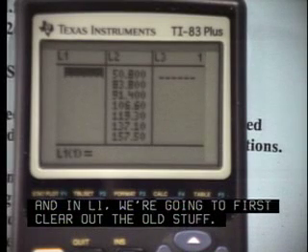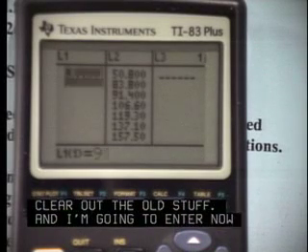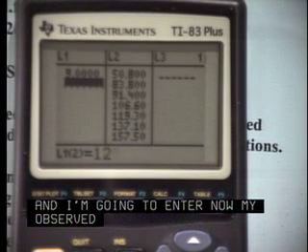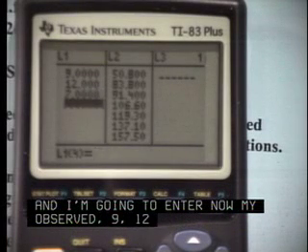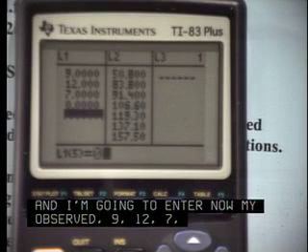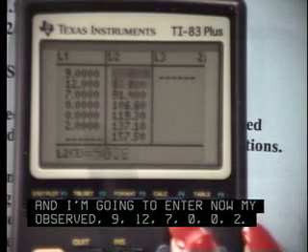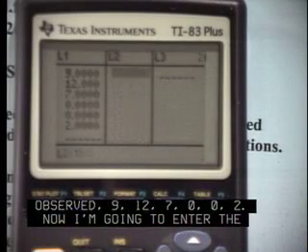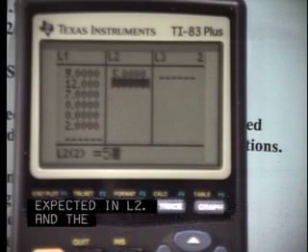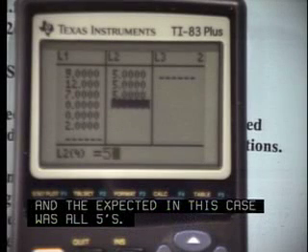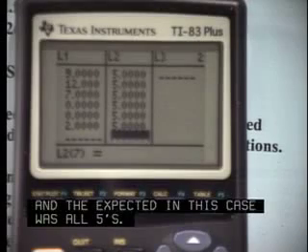Now I'm going to enter my observed: 9, 12, 7, 0, 0, 2. Now I'm going to enter the expected in L2. The expected in this case was all 5s. And now we have the data in here.